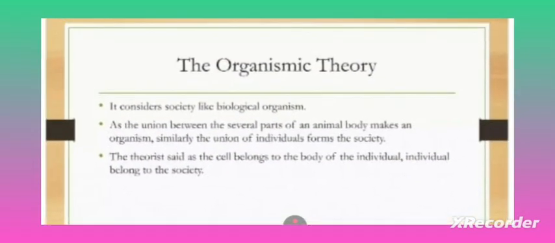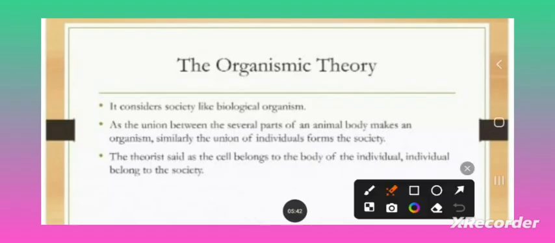The organic theory. Core idea: it considers society like a biological organism or a living body. Analogy: the relationship between the different parts of a society is similar to how the different parts of an animal organism, the limbs, are united and make up the whole.